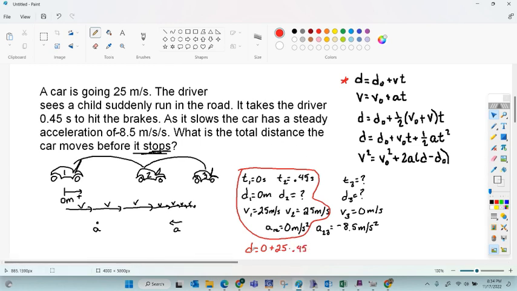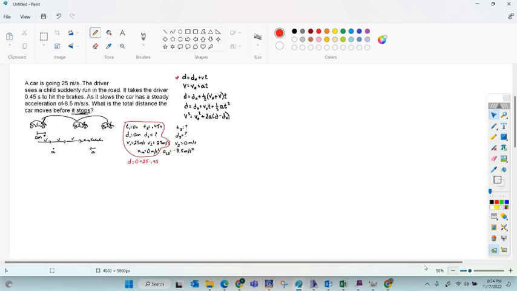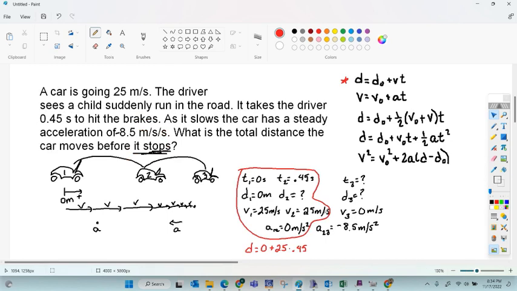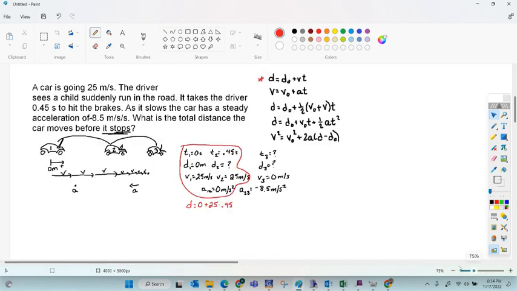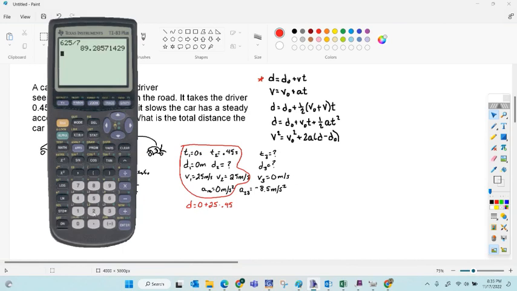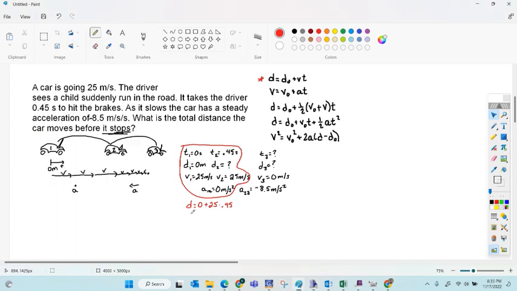So in phase 1 of this problem, we have 25 times 0.45 seconds, which is 11.25.